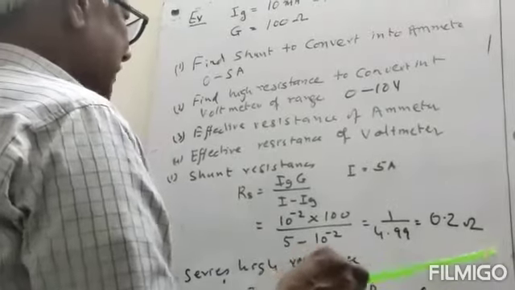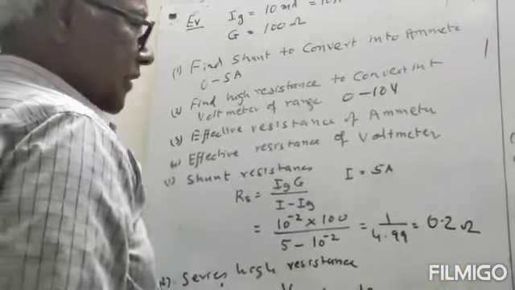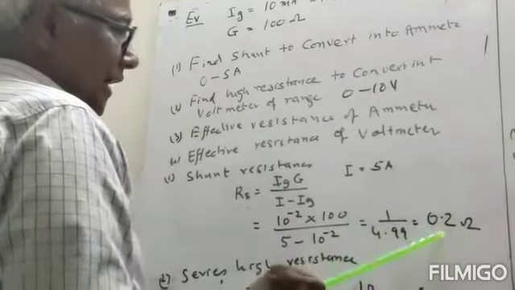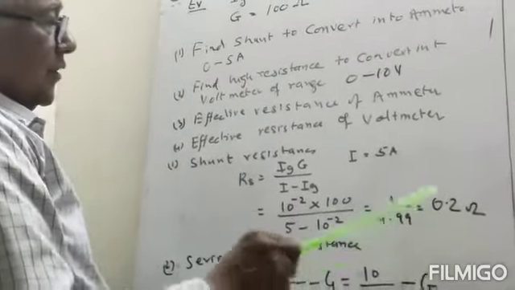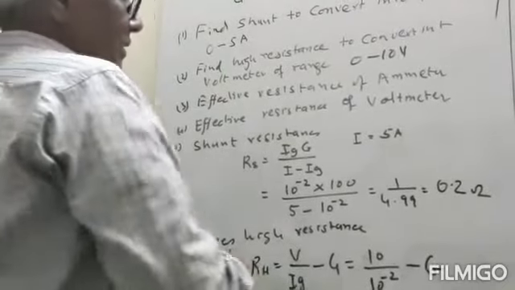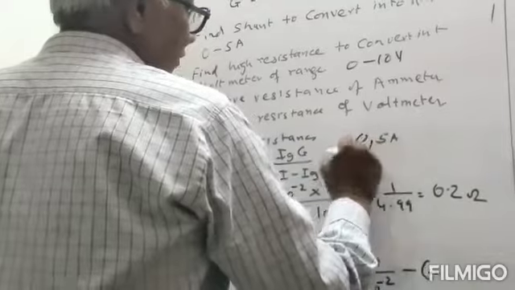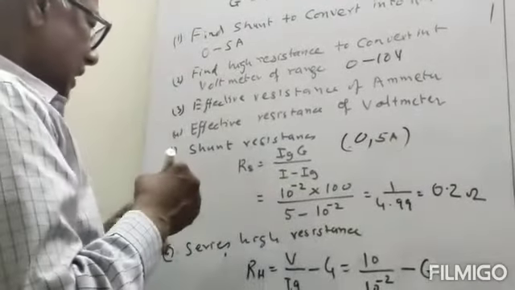So the resistance will be 0.2 ohm for the conversion of this galvanometer into an ammeter, which can have the range from 0 to 5 ampere.